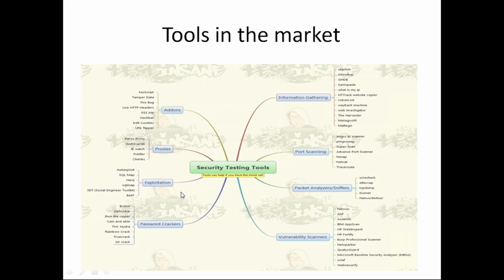Okay, and the exploitation. This is the most important thing in doing the security testing, where you know that any system or any application will have a database, and all the data will be stored in the database itself, right? So having knowledge of database concepts and the database schema will help you in getting the complete information.